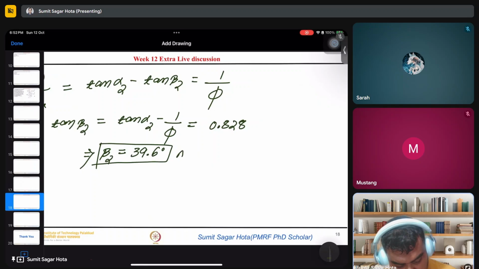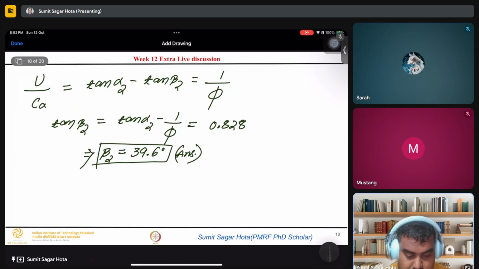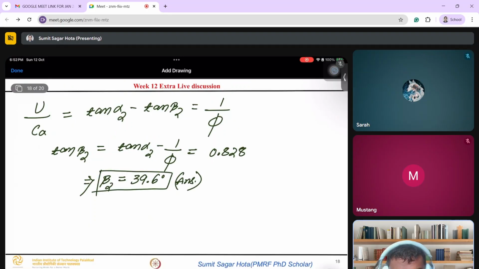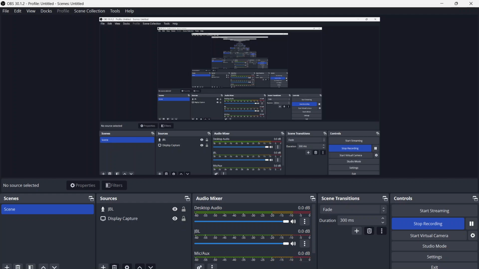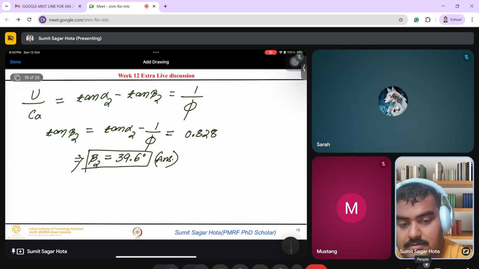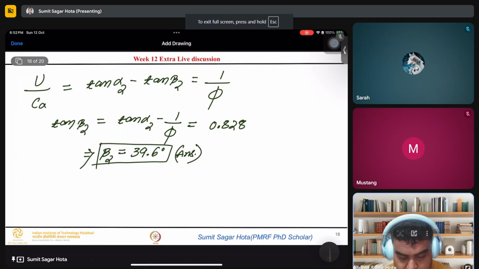This is your answer. Now we have beta 2, so next we need to calculate, the same way, alpha 3 and beta 3.